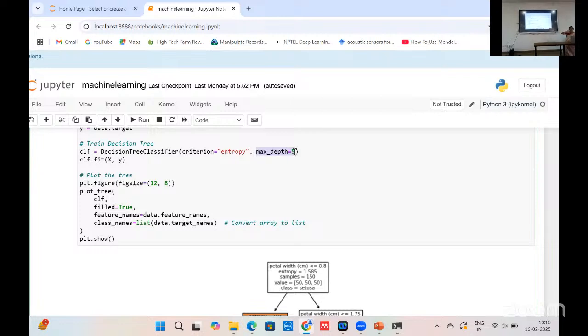Now I don't want 5 splits. I need only 3 splits. Means the number of levels of children, I need only 3. Now I will change the number of splits to 3.